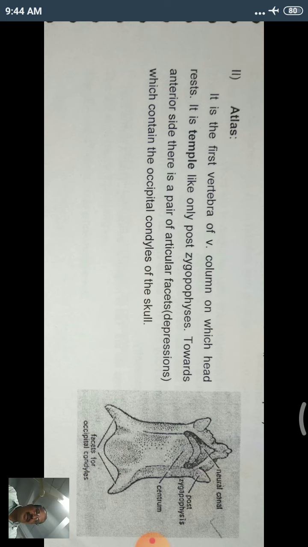So, atlas is the first vertebra. The diagram shows neural canal, post-zygapophysis, centrum, and a facet for occipital condyles.